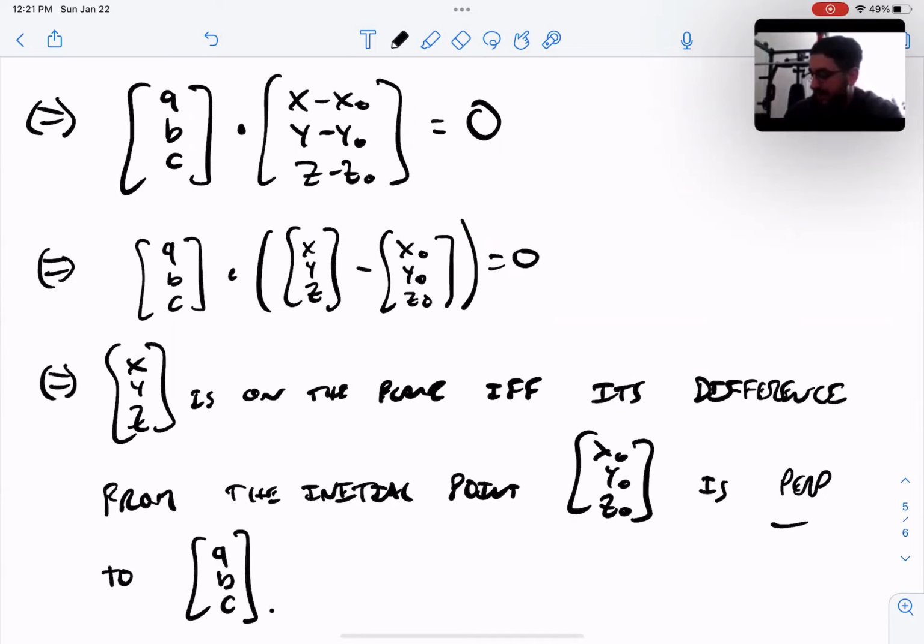Why do I say perpendicular? Because we said dot product equals 0, so that's why I can interpret that as perpendicular. Dot product equals 0 means perpendicular.